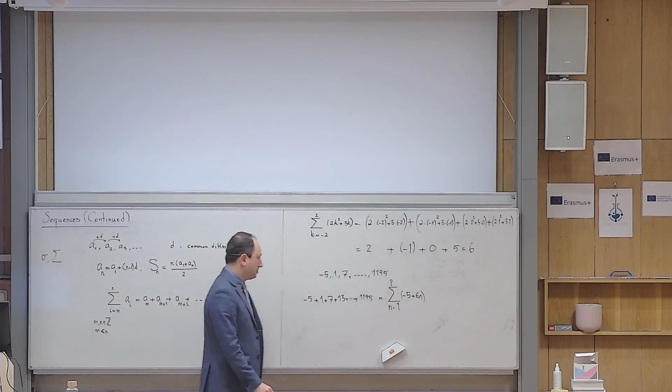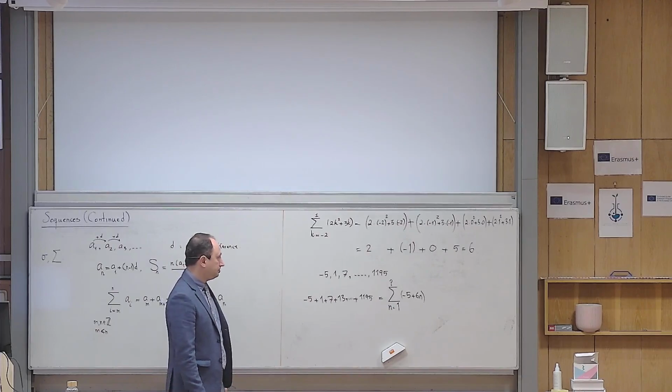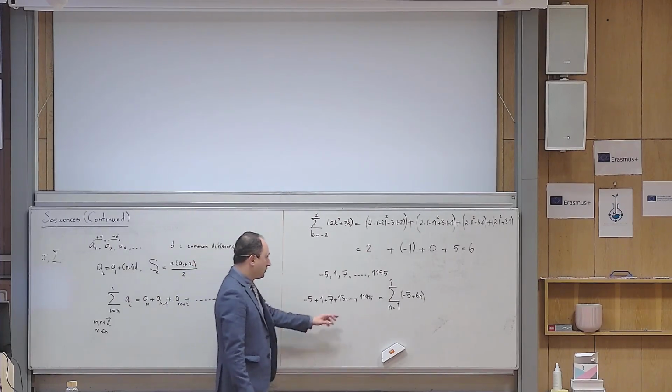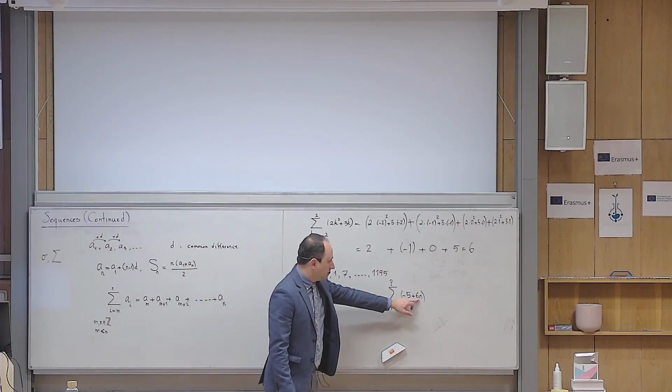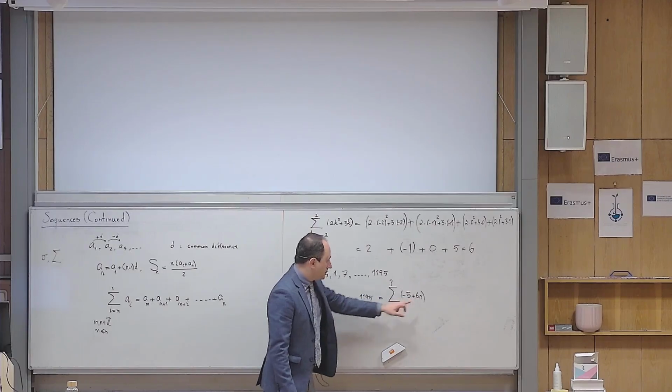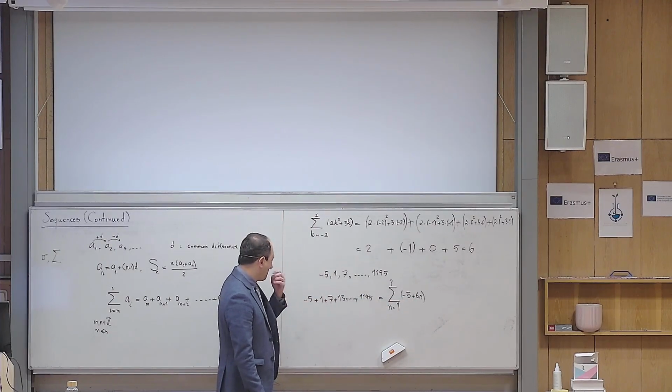Yes? You are correct, because you see, if you put 1 instead of n, it becomes -5 plus 6. So did you say -5 plus 6n? Mm-hmm.